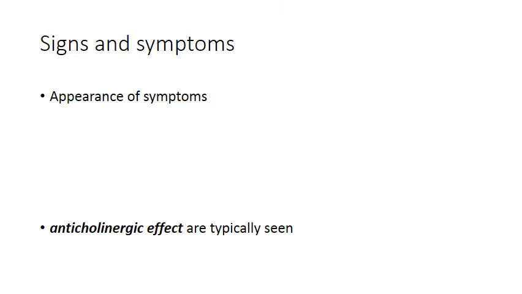So, signs and symptoms. First we'll look at the period within which the signs and symptoms appear. Usually you know that all these signs and symptoms are anticholinergic effects due to the action of these alkaloids. Once you ingest the seeds, the symptoms start appearing within 30 minutes, or at least 30 minutes is required for the signs and symptoms to appear after ingestion of the seeds.